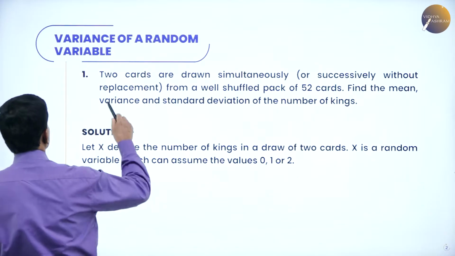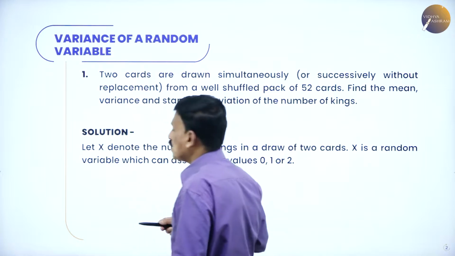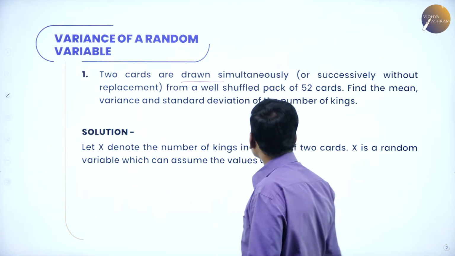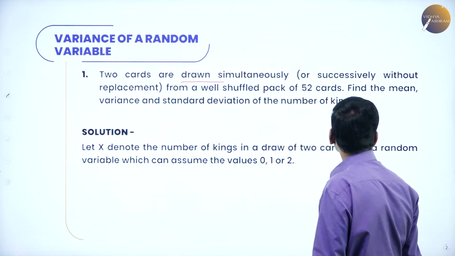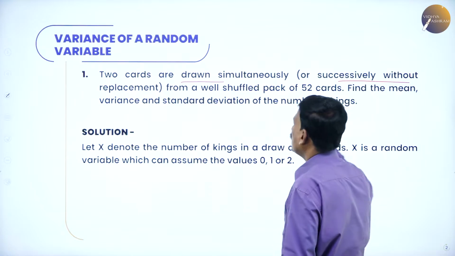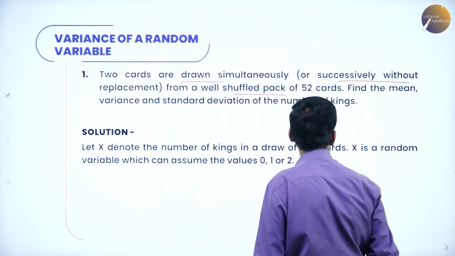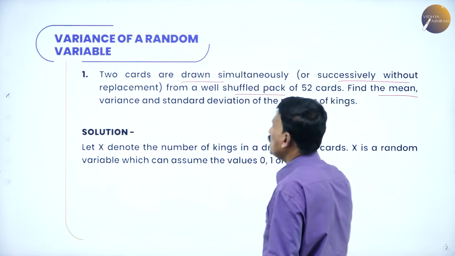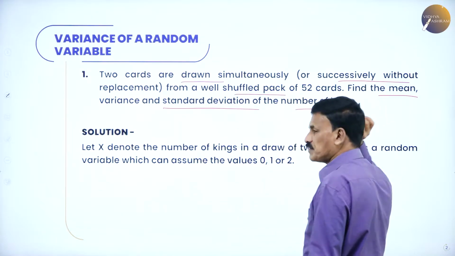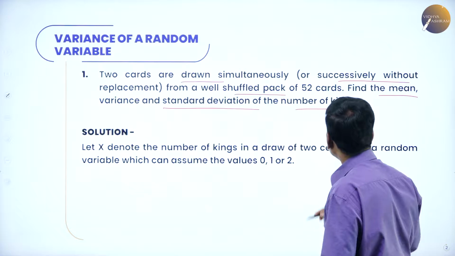Now, the first problem: variance and the random variable. Two cards are drawn simultaneously or successively, here without replacement, from a well-shuffled pack of 52 cards. Find the mean, variance and standard deviation of the number of kings. So what is required to find?